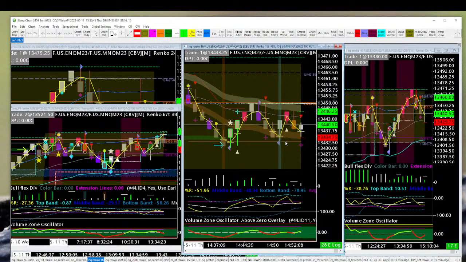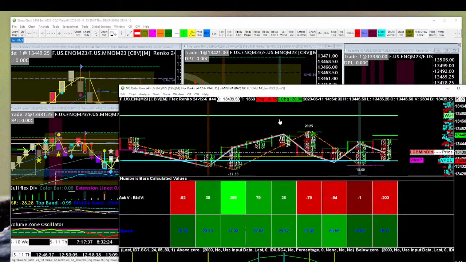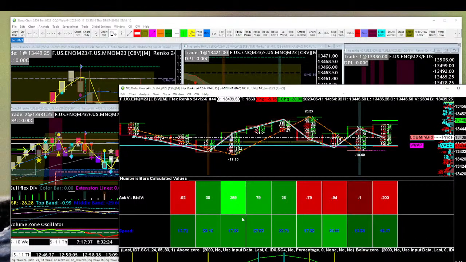Once it's closed, any signal that's there will stay there, with a few exceptions. The exceptions are things I've added that are filtering devices that basically look at different charts. For instance, at least one of the signals is looking at this numbers bar chart, which is a different time frame and a different type of chart.